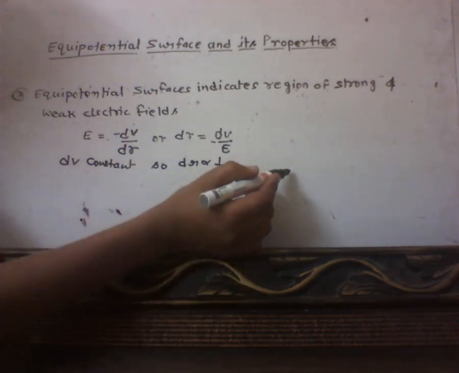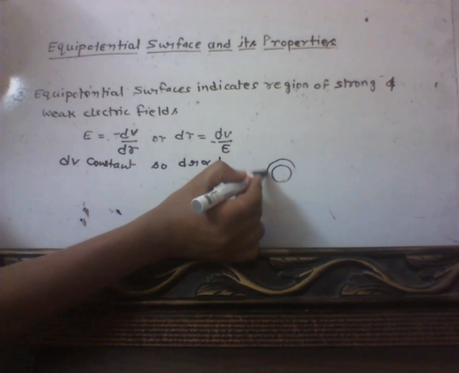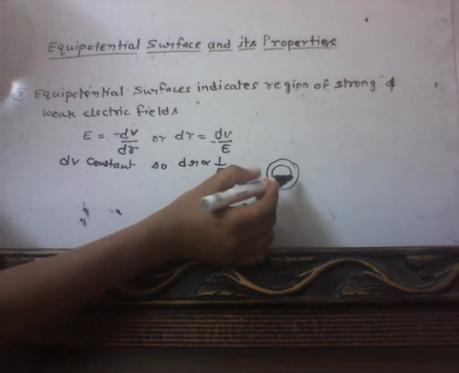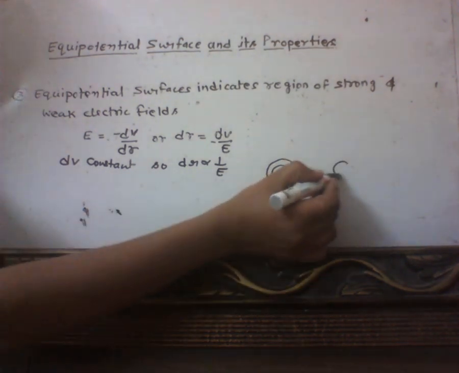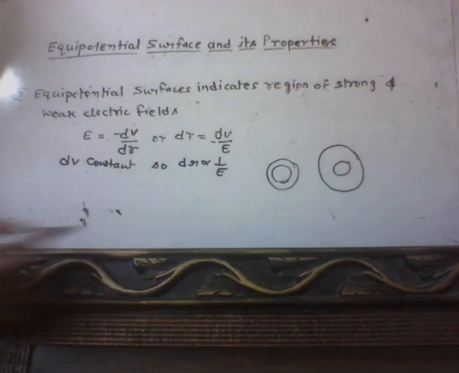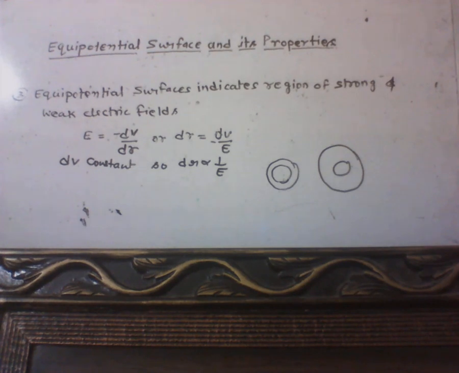Means if the lines are very close to each other, they show a strong electric field, and if they are very far apart, then it shows the strength of the electric field is weaker.